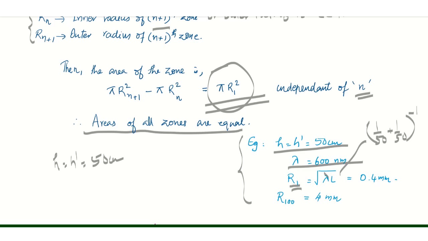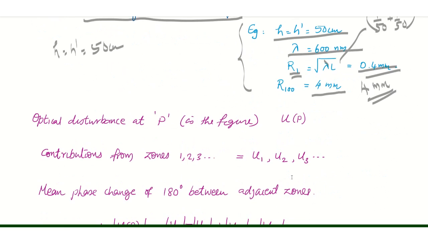If you do that, it is 400 microns or 0.4 millimeters. If you have 100 zones, the total dimension is about 4 millimeters. This means that these zones are extremely small, of the order of microns.